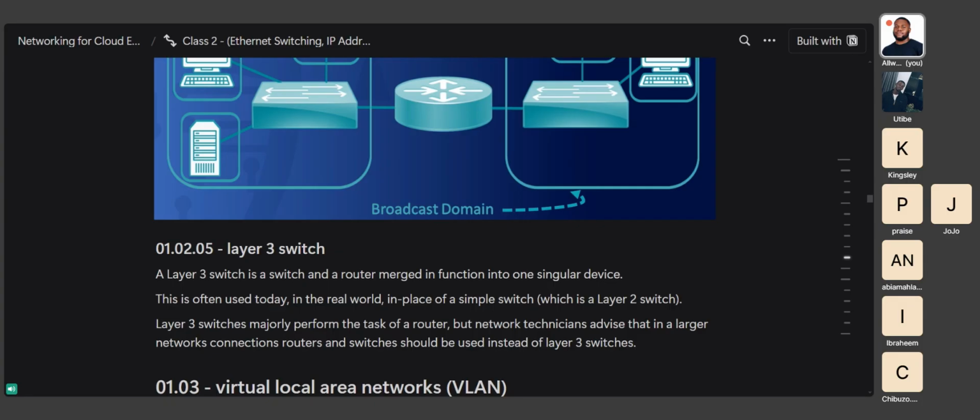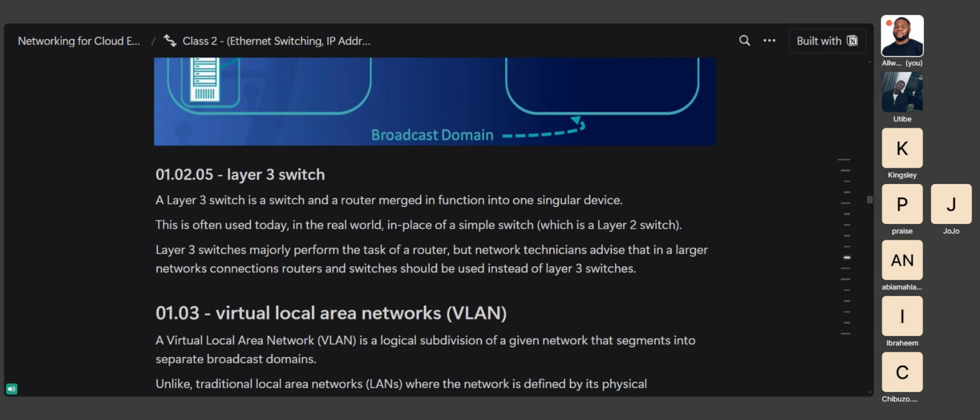It can be quite confusing. But normally, if anyone wants to specify a switch that's able to access the internet, they will say a layer 3 switch, because a switch on its own cannot access the internet; it would need a router to do that.